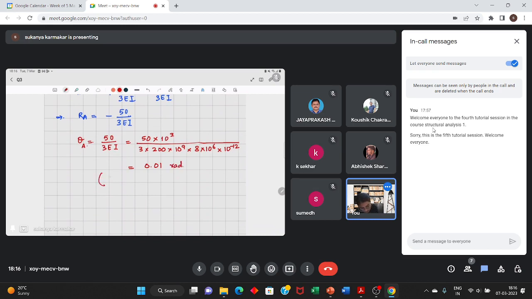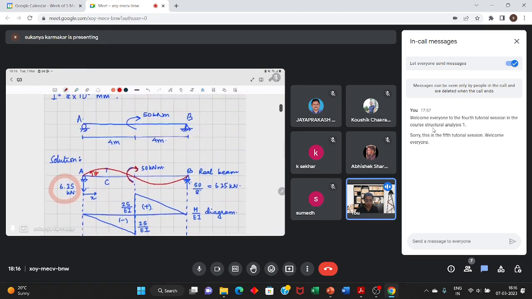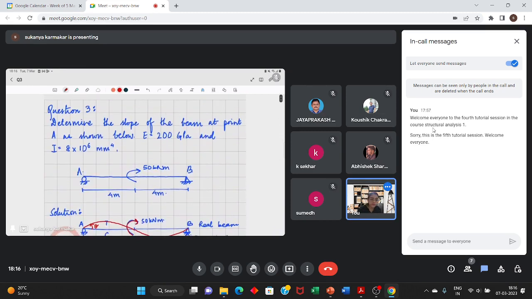And this theta is in anti-clockwise direction. So I hope this question is clear. Is there any doubt in this question?